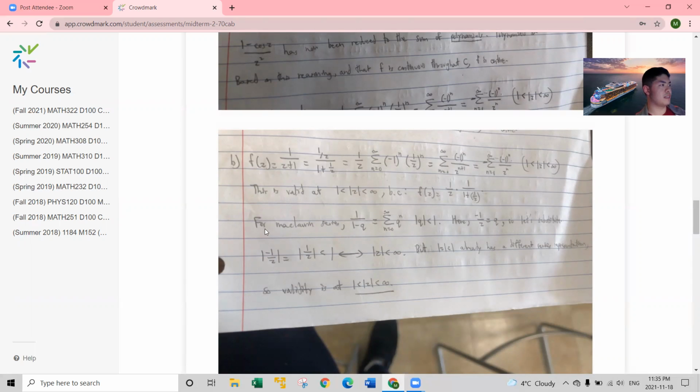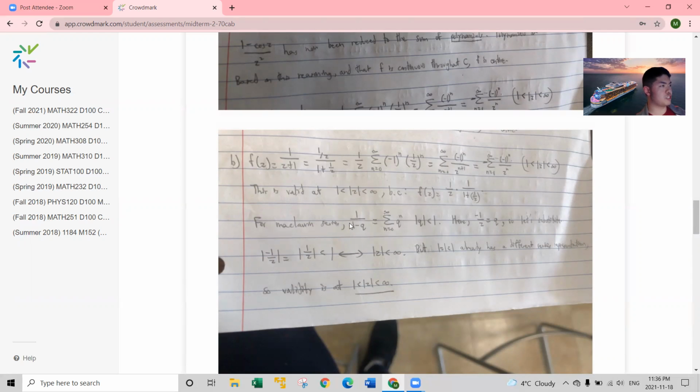I'm going to make a side note: for the Maclaurin series, 1 over 1 minus q is equal to the sum from n equals 0 to infinity of q to the power of n, for absolute value of q less than 1. This is the radius of convergence originally when you have something like this.